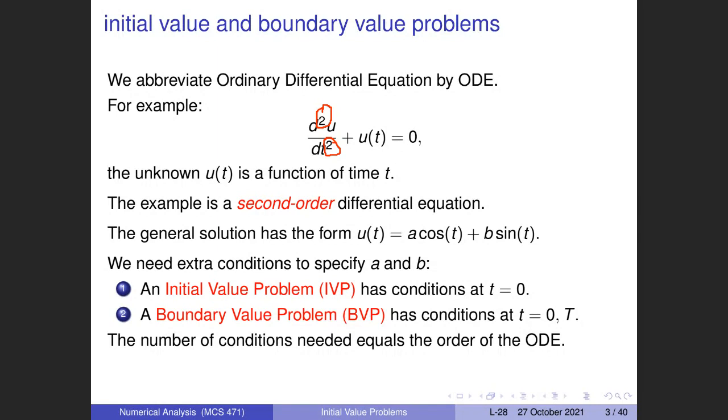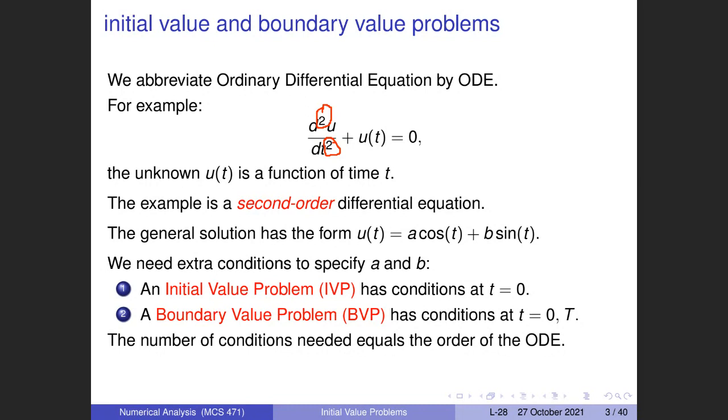It's an equation, but unlike the very beginning of the course, we're not really looking for points, we're looking for functions. So here the independent variable is t. We're looking for an unknown function depending on t, which traditionally denotes time.